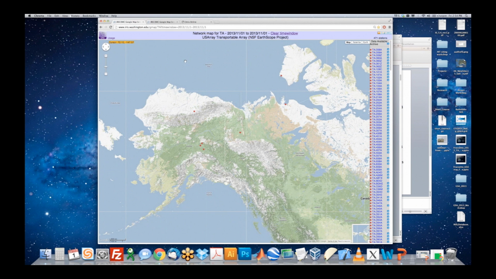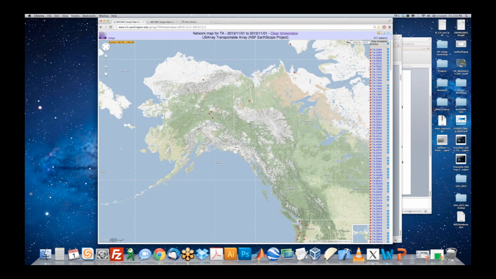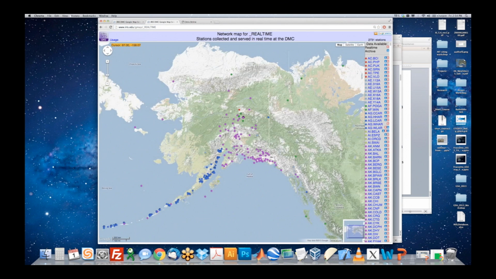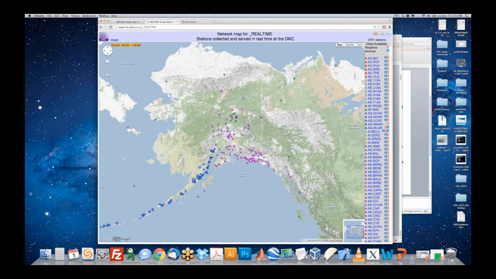So just to give you a sense for how this station spacing and availability compares, this is a similar map of real-time seismometers that are currently operating in Alaska. Primarily, these are from the Alaska Volcano Observatory, as well as the Alaska Earthquake Information Center up in Fairbanks.